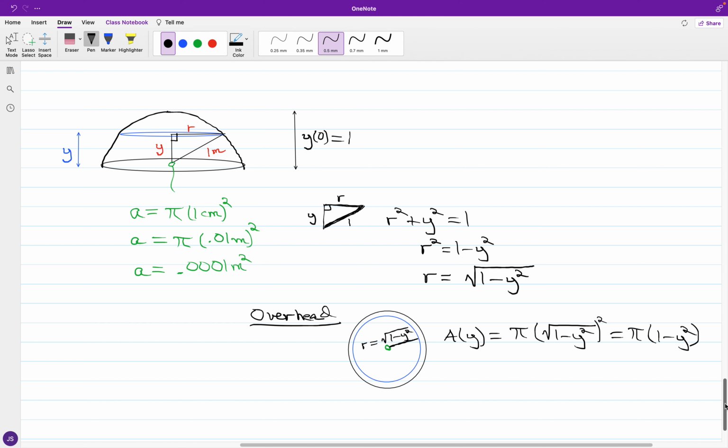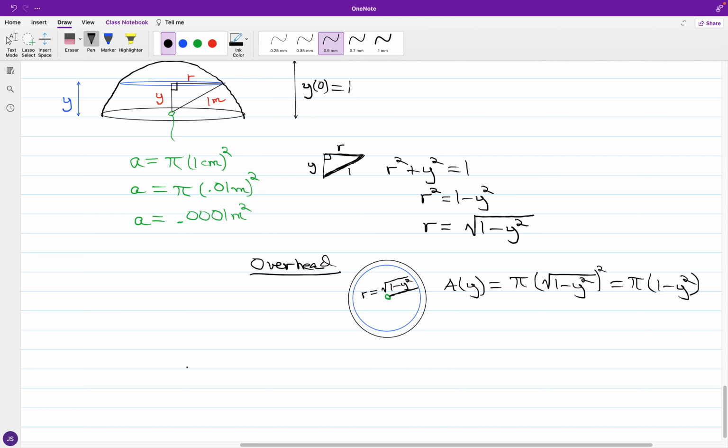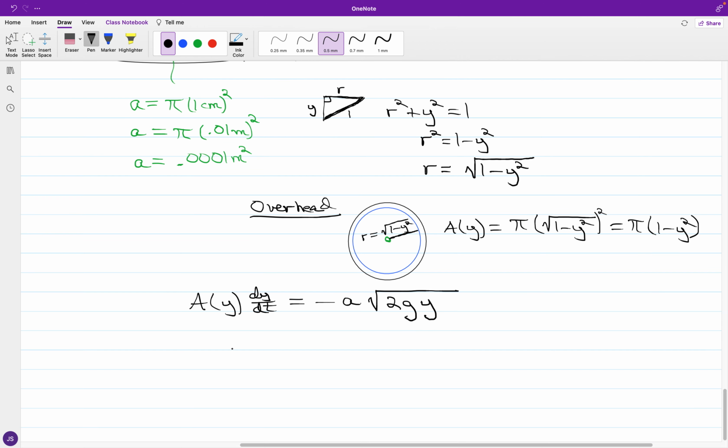And so we have the tools at hand, and establishing what we have utilizing Torricelli's law, you have the cross-sectional area of the liquid times dy over dt equal to the product of the negative of the area of the hole that is cut out at the base, times the square root of 2 times the gravitational constant times the liquid level variable y.